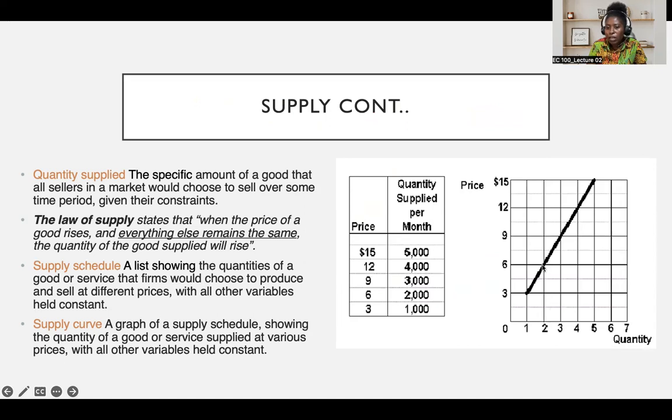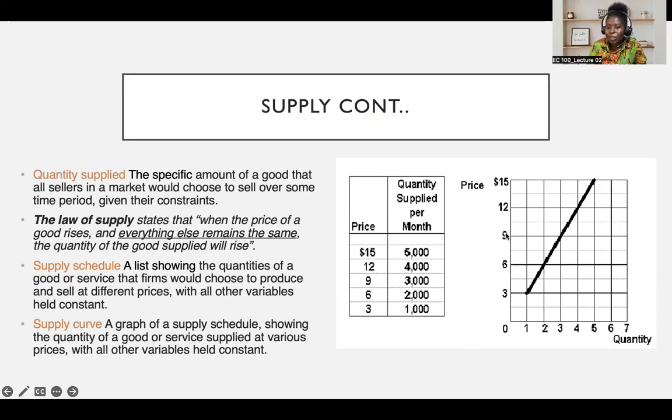Oops, this is not buying, this is selling. We're talking about supply, it's producers. So for a producer, when price is at $6, they will sell 2 goods.